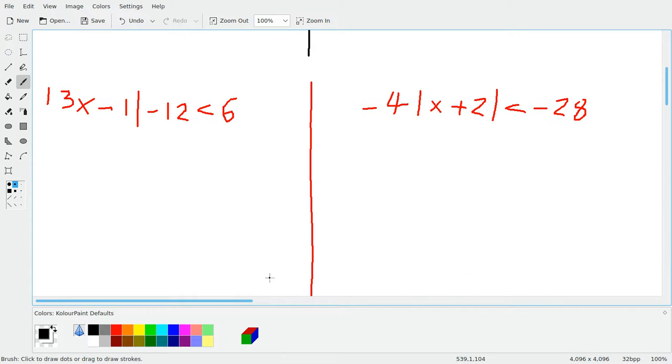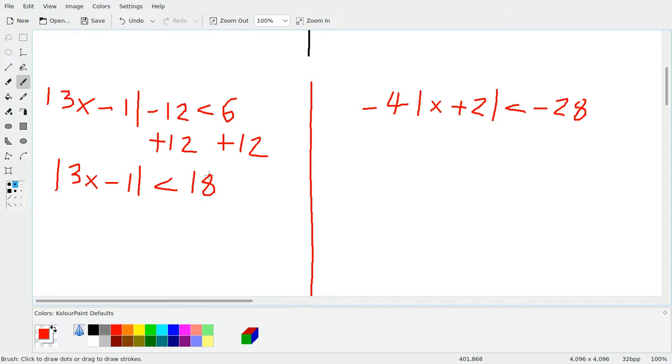First, we have the absolute value of 3x minus 1, minus 12, is less than 6. Just like when solving absolute value equations, we need to get the absolute value by itself first, so we need to add 12 to both sides of our inequality, leaving us with the absolute value of 3x minus 1 is less than 18.